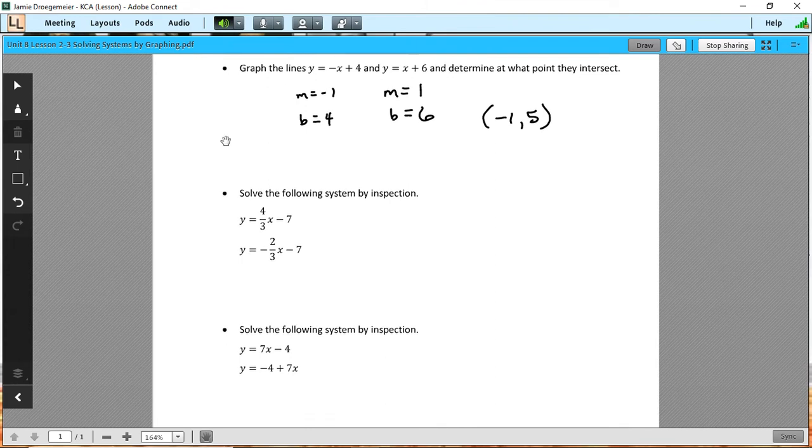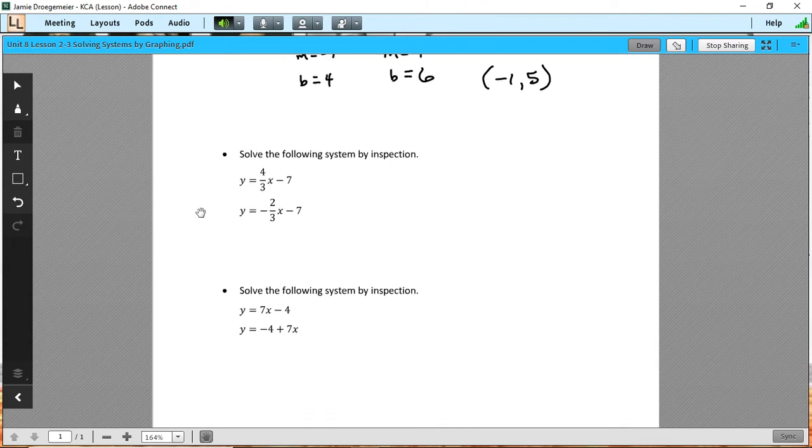All right, and then I guess we have two more here. We want to solve these systems by inspection. And what that means when we say by inspection, these are going to be ones that will be simple enough that by looking at them, we can tell where those lines intersect. And so in this first one here, we have different slopes, 4/3 for this one, -2/3 for this one.